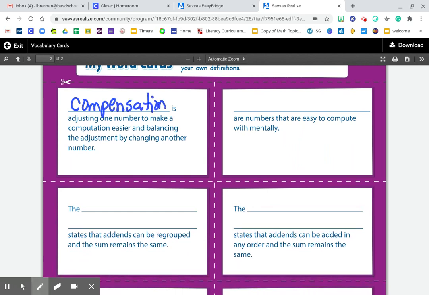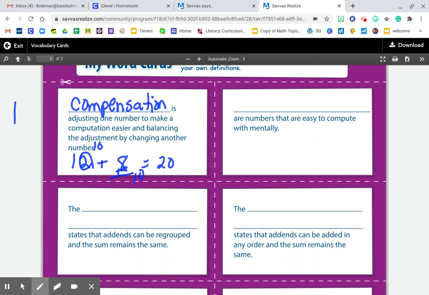So if I wanted to add 12 plus 8 in my head, I can steal the 2 from that and add it here. So now I have a 10 here and a 10 here, and 10 plus 10 is 20. That's what compensation is.